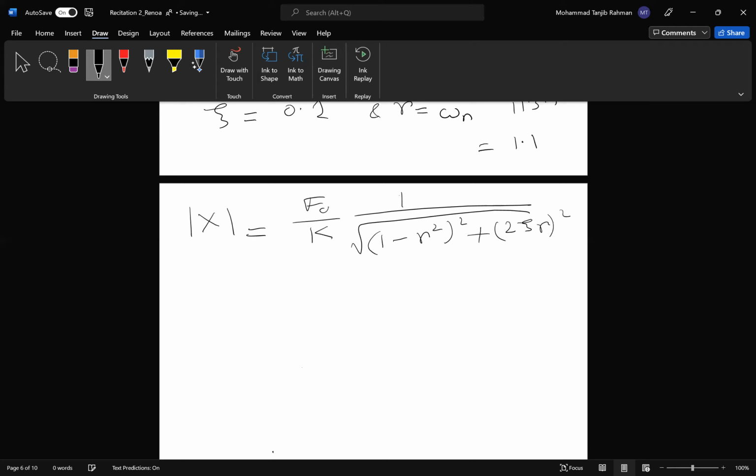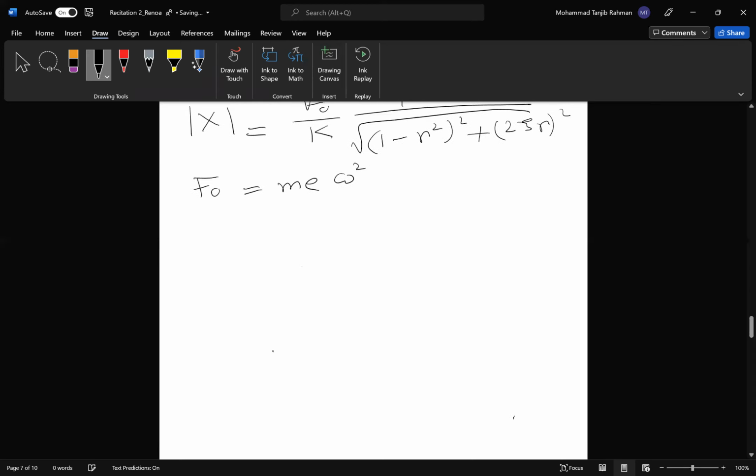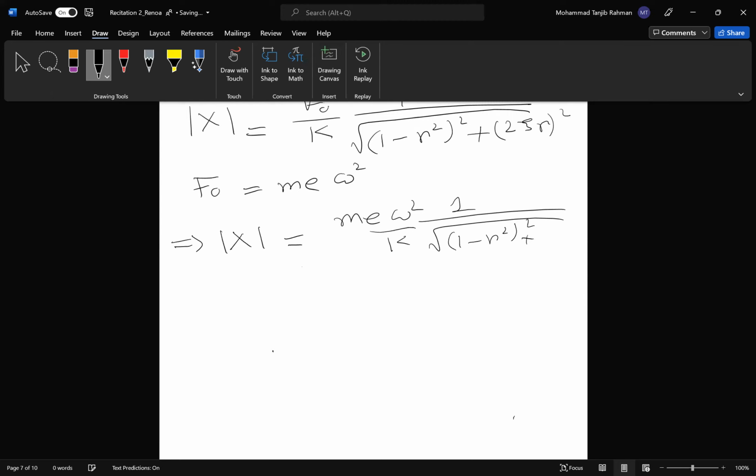Now, F naught is equal to ME omega square. So we can write X is equal to ME omega square, we have a K here, multiplied by root of (1 minus R square) whole square plus (2 zeta R) whole square.